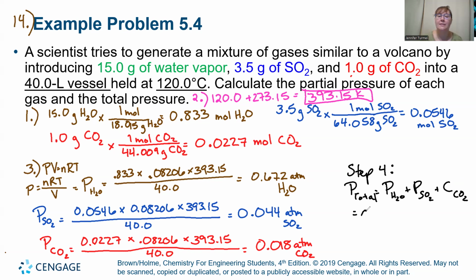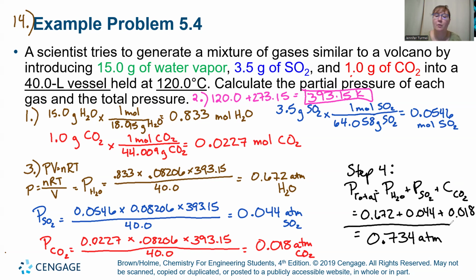So that's 0.672 plus 0.044 plus 0.018, which gives us an overall of 0.734 atmospheres for our total pressure.